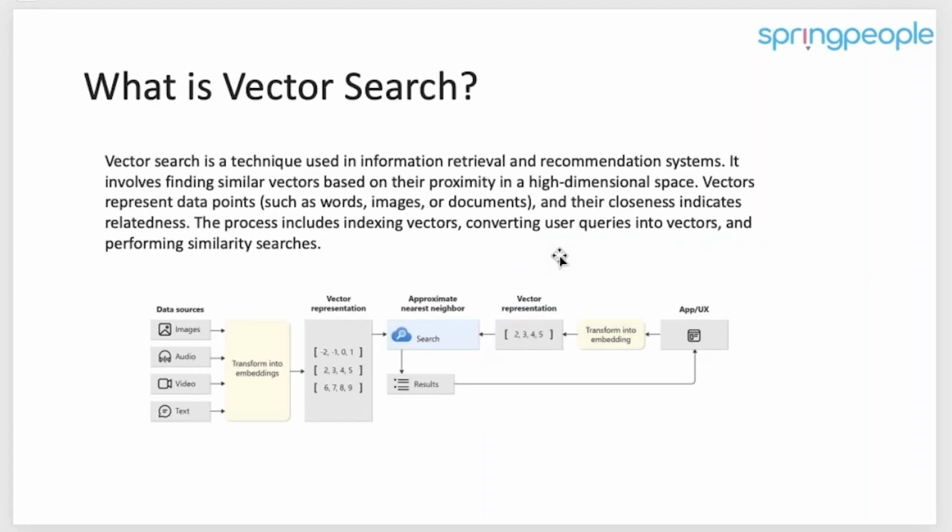Okay, so now what's vector search? Vector search is the next part after you index, right? And when you're doing the search, it starts with the idea of being able to query, whether it is an image or audio, or a text.